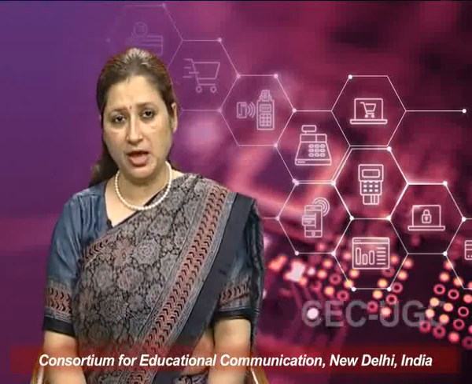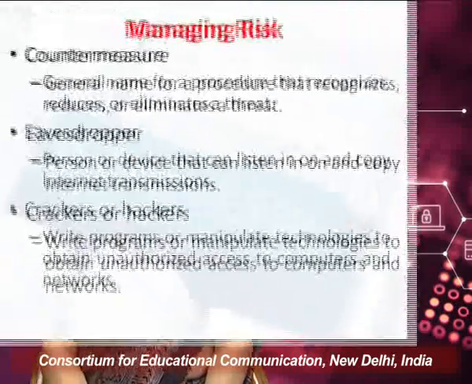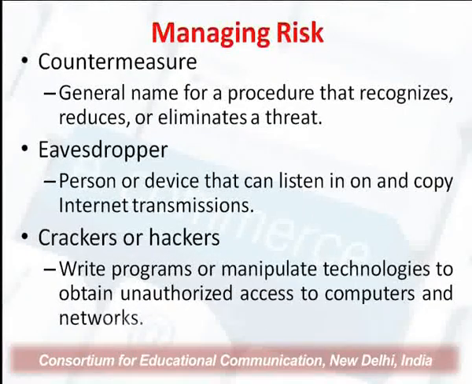Now if you look at risk, what is risk? Risk is the probability that something bad will happen. How much is the probability? In companies, they have a very systematic way of looking at risks, managing those risks and mitigating them. Different companies adopt different ways in which risk management can be done.